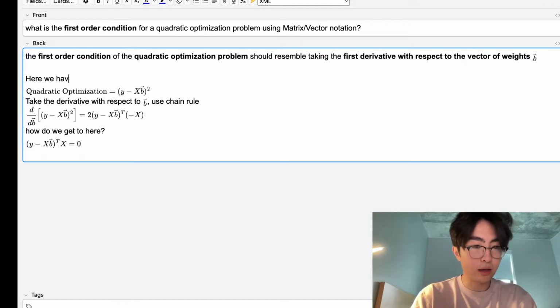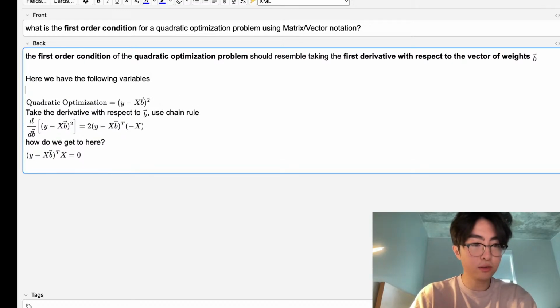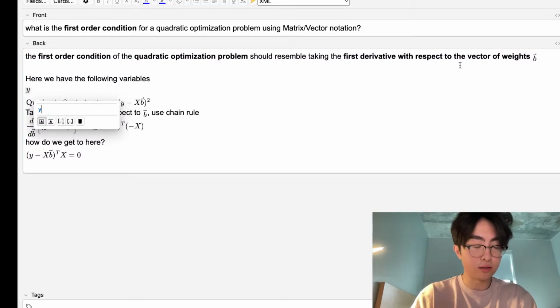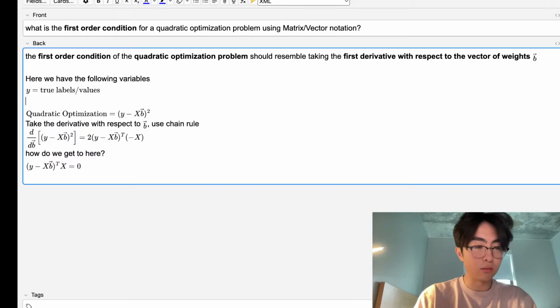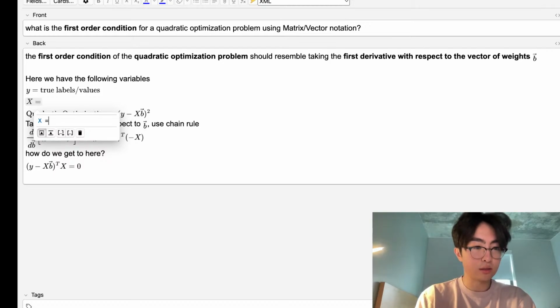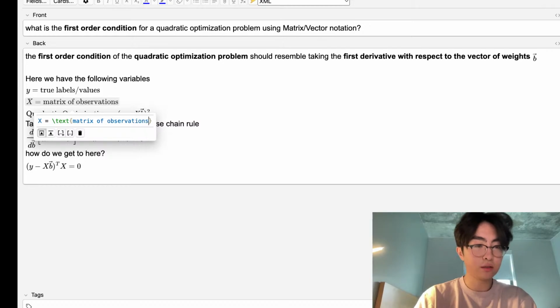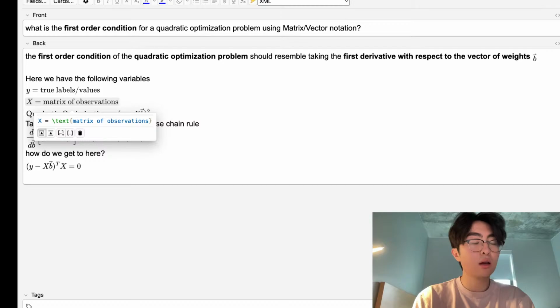Here we have the following variables. So I believe y is equal to the true labels values. Okay. And then we have x is equal to matrix of observations. Oh wait, we should also do, say, m by n.